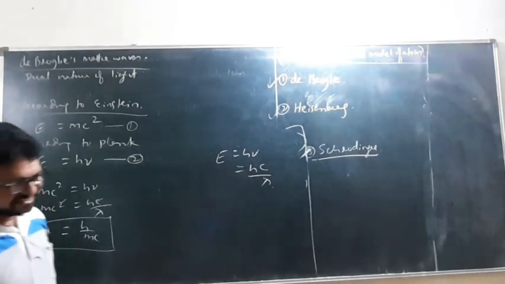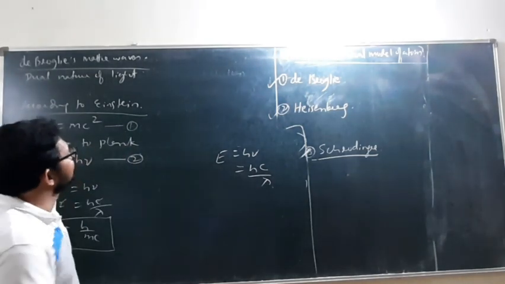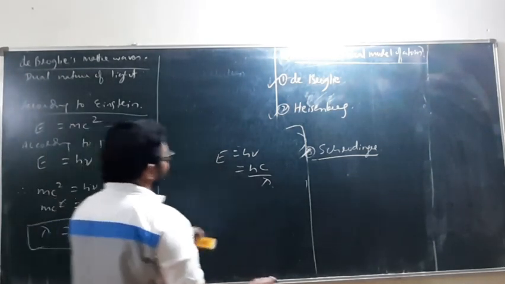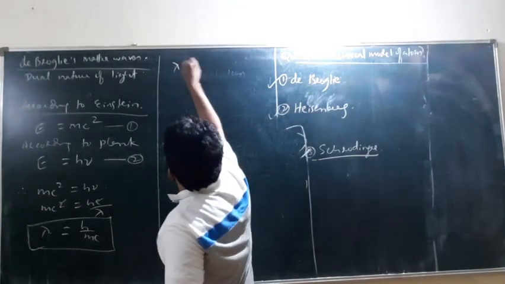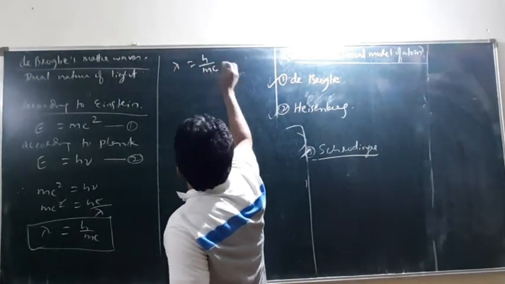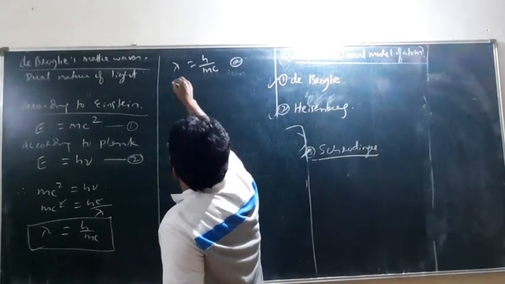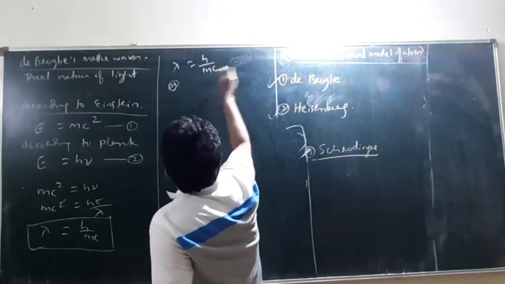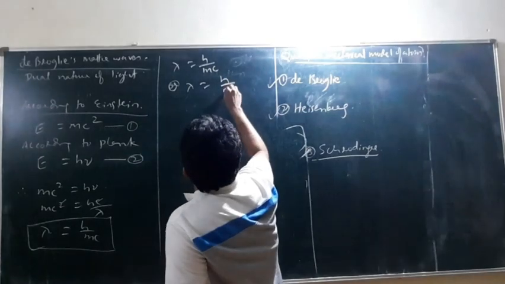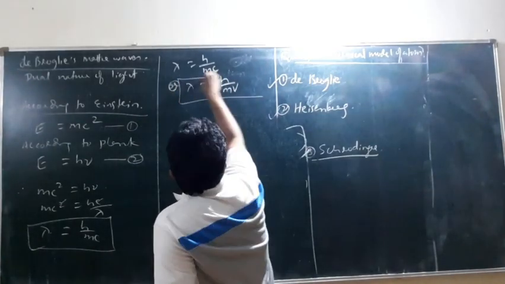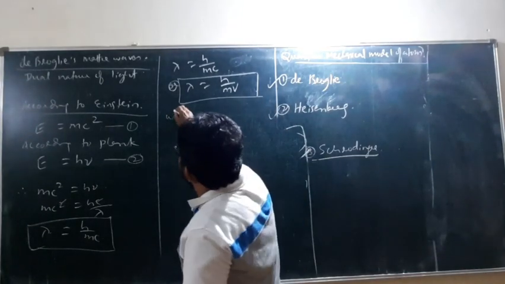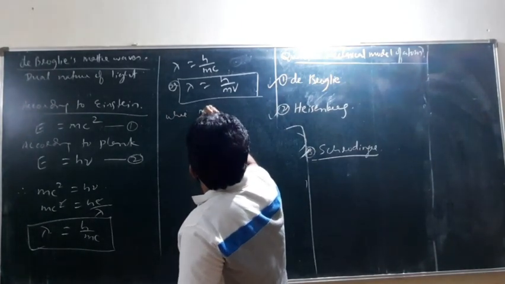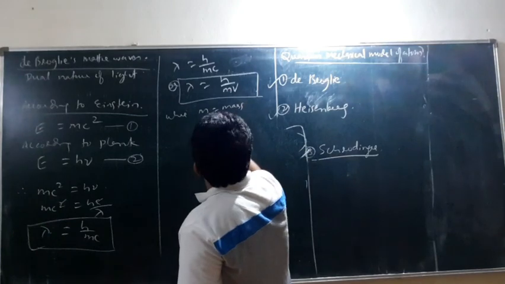Yes, this is called de Broglie's equation. What is de Broglie's equation? Lambda is equal to h upon m into c, or you can write, c is the velocity, lambda is equal to h upon m into v, where m is mass and v is velocity.